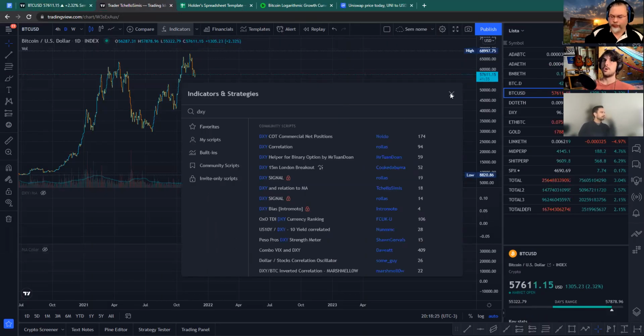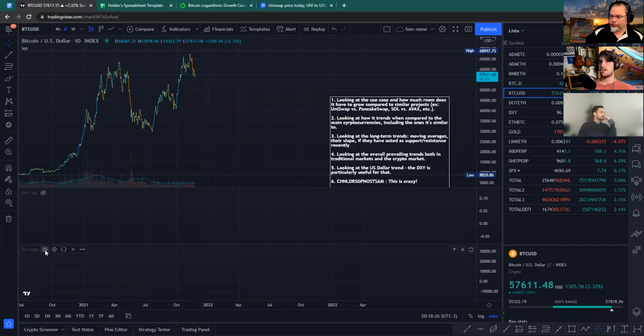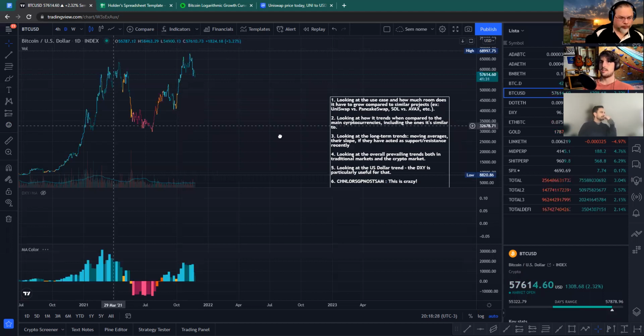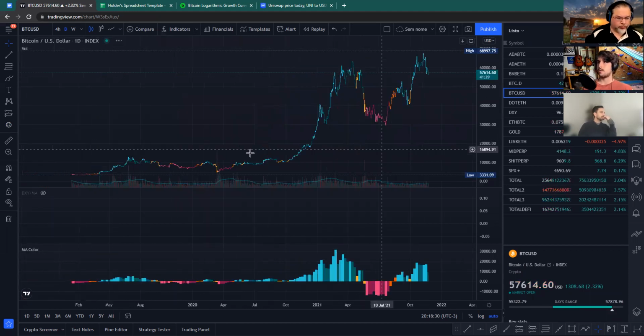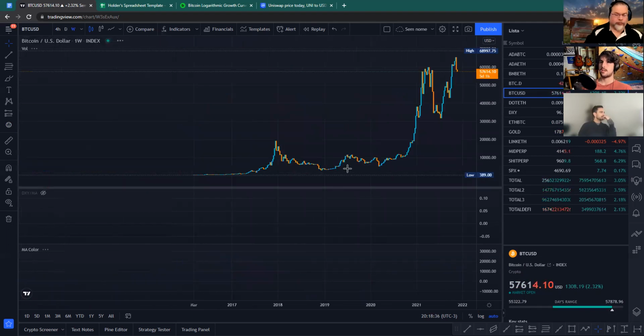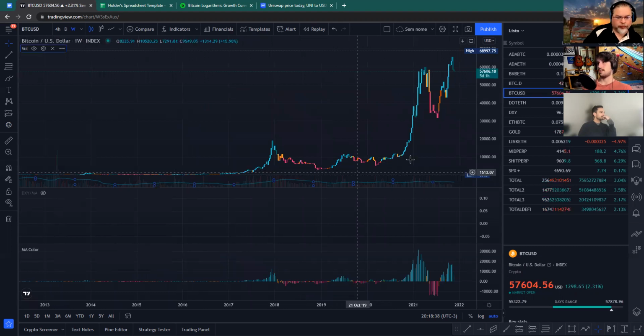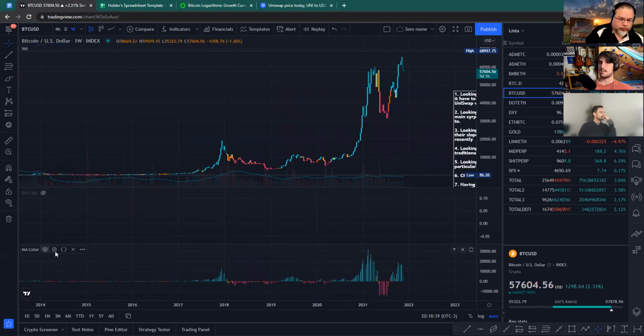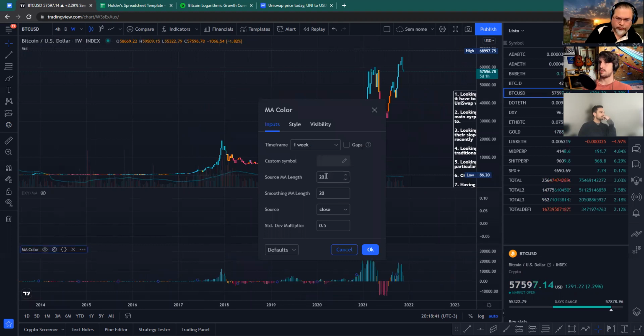So what this does is that it colors the chart based on if it's above, below, or testing a moving average. So the settings that I have right here is the 20-week moving average, right? For Bitcoin in this case, so I'm not changing it to a custom symbol.